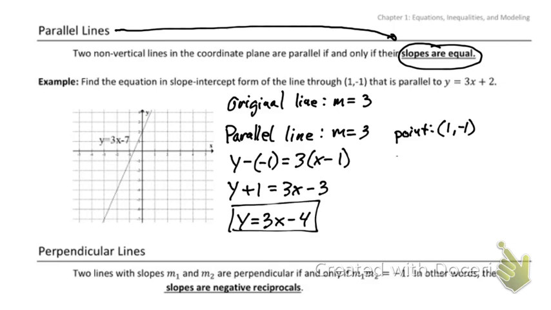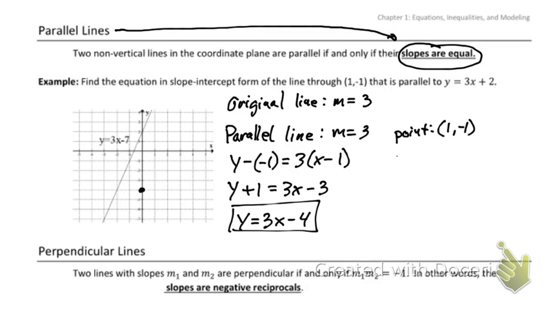So you'll see your parallel line will look almost identical to the original line, except it's going to have a different y-intercept. So let's go ahead and graph this and make sure it is, in fact, parallel. So we go down to -4 for our intercept. Our slope is 3, so that's 3 over 1.